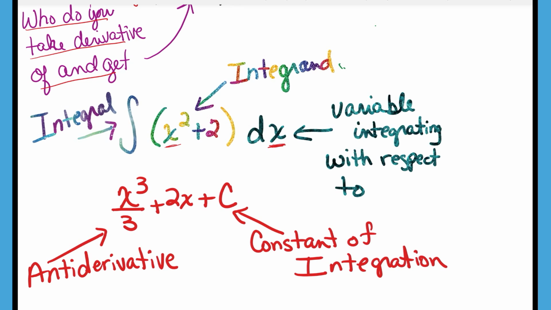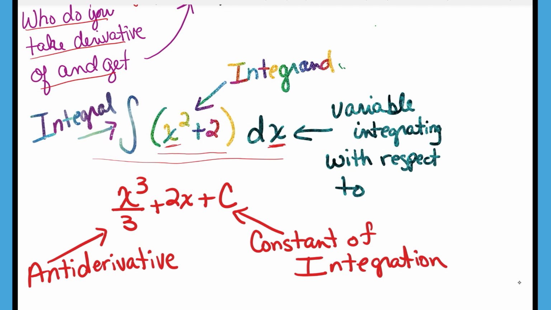So now we're going to give a little bit more vocabulary to everything. Let's start with this line right here. The big elongated S is called an integral. The function that you're integrating is called the integrand. And the dx tells you the variable for which you are integrating with respect to.